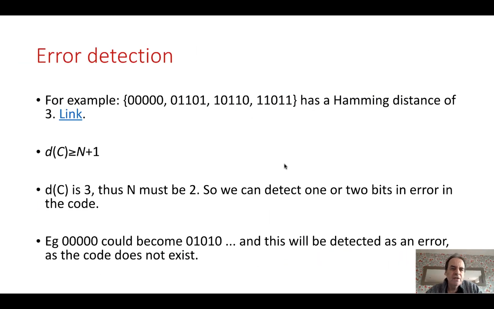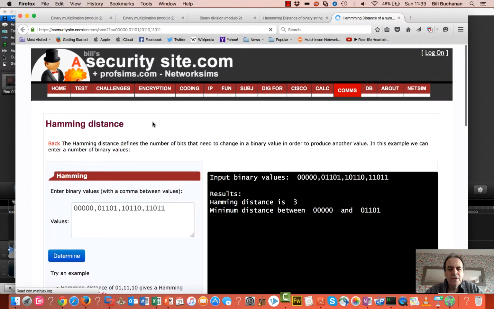So let's look at an example. In this case, we have our code. We'll just see what the Hamming distance is between these, because we've got 4 codes now. We can see the Hamming distance is 3, and that's the minimum distance between 2 of the values.